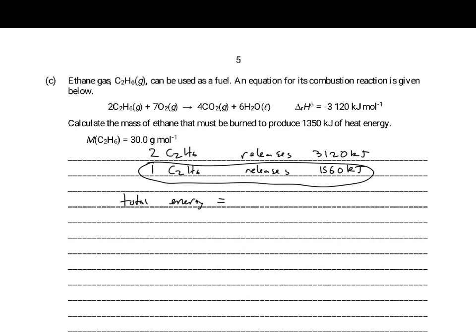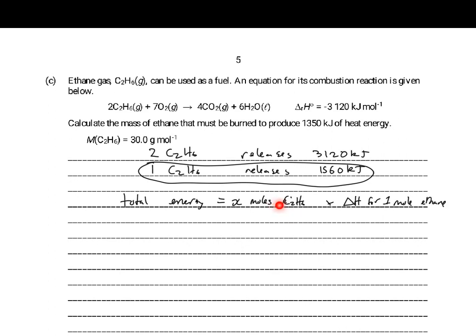The total energy release when this reaction takes place depends on two things. It depends on how many moles of ethane you have, and it depends on how much energy 1 mole of ethane releases. So I'm going to put enthalpy for 1 mole of ethane. Okay, and hopefully that makes sense.